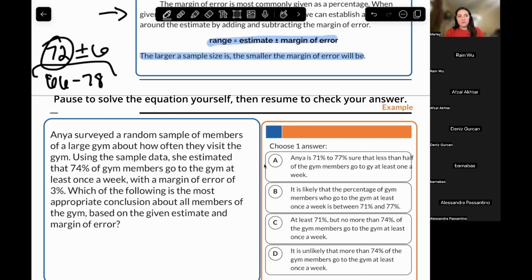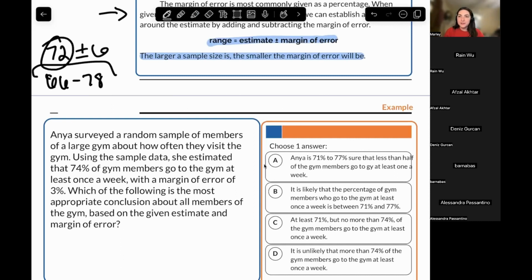A 95% confidence interval would not be on the SAT, but with margin of error, I kind of think about confidence interval just because it makes me think a majority of the people are in that range also. But it's technically not on the SAT, it's just margin of error, which is a concept where most of the time it's pretty easy to eliminate some of these answer choices.